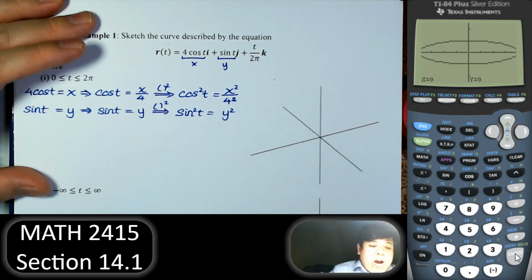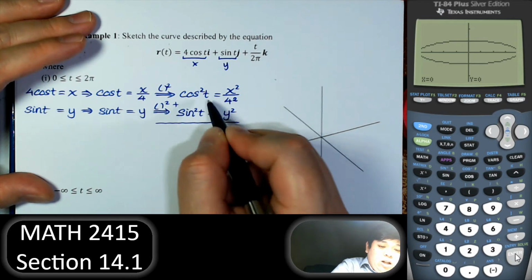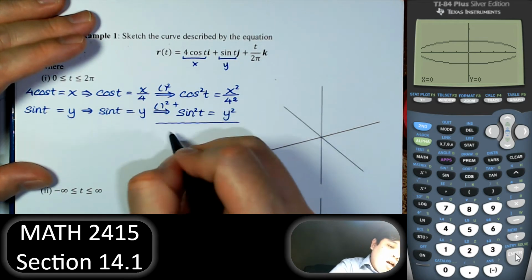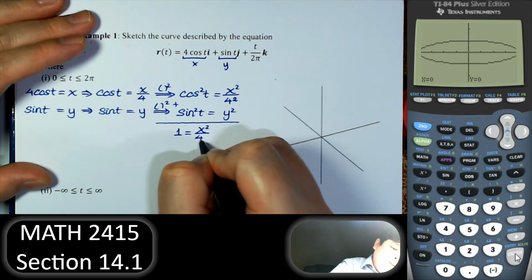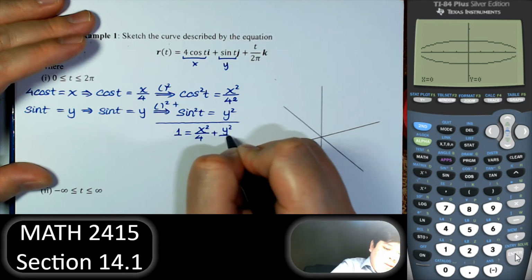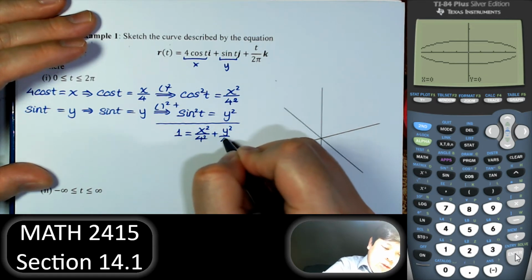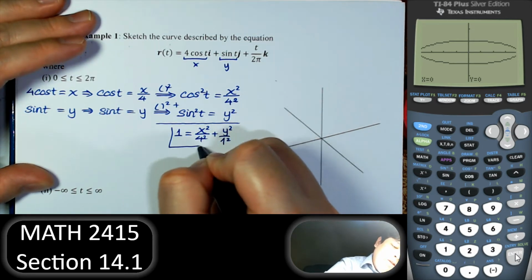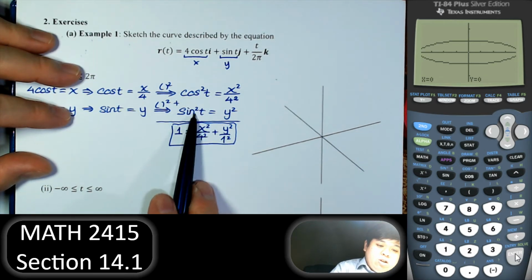Usually when we have both sine and cosine, we use this trick to eliminate the parameter: cosine squared plus sine squared is 1. So we get (x over 4) squared plus y squared equals 1.